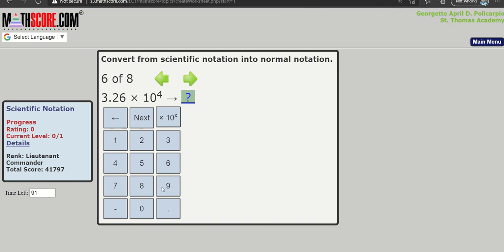Next, to the 4th, so 3, 2, 6. Tapos 0, 0. Tapos to the 7th na naman. Favorite nila yung 7, no? 1, 2, 3, 4, 5, 6, 7, 8, 2. Next, to the negative 1. So 0, 0. 0 point, sorry. 9, 7, 2. Okay, next.